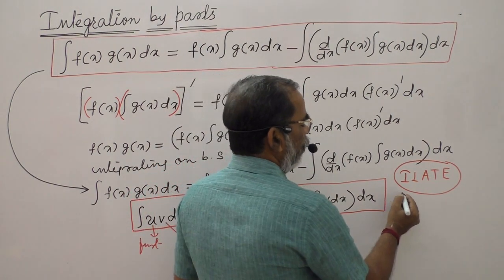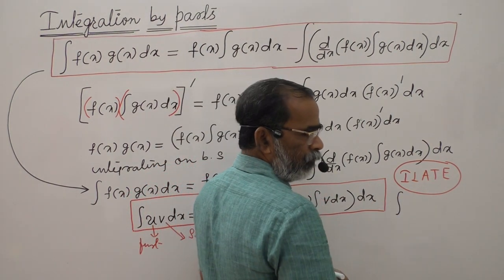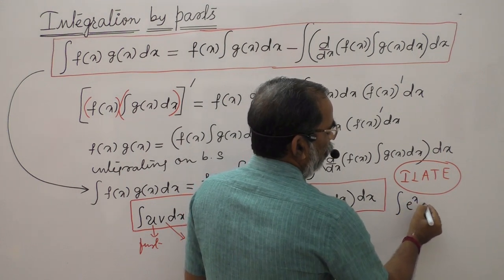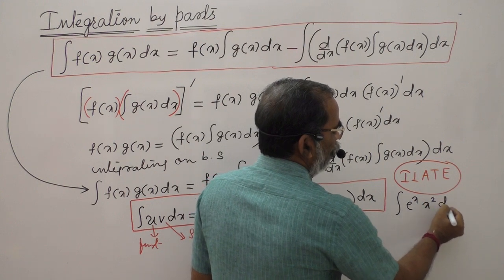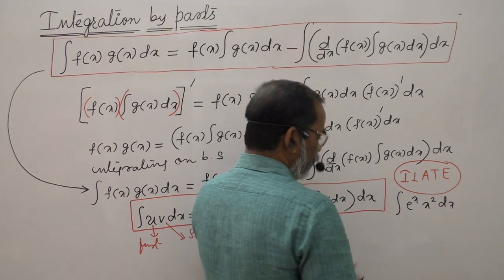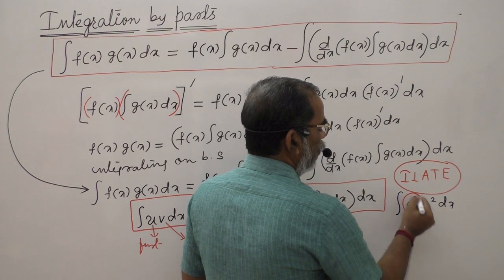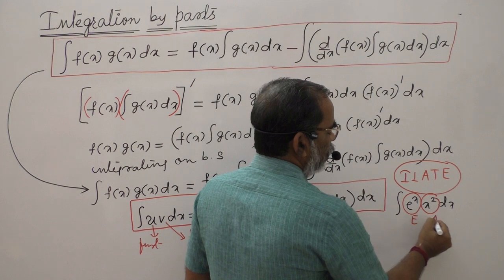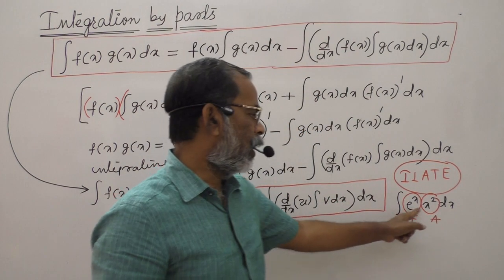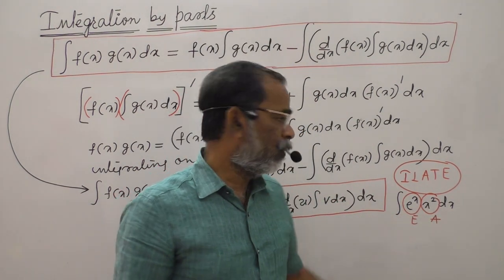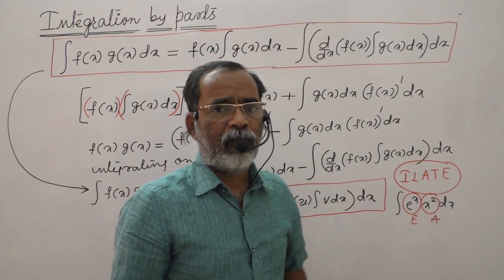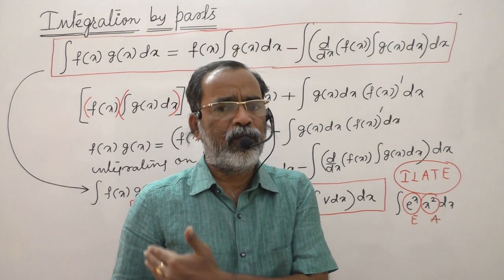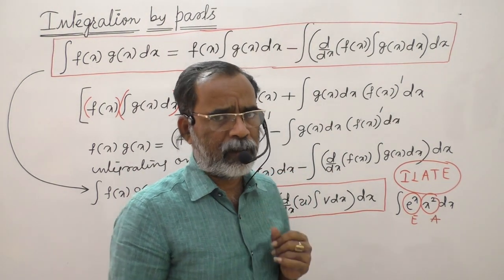For example, if you have a function like e power x into x square, what is e power x? It is an exponential function. And what about x square? It is an algebraic function. So it is a product of two functions, and for its integral you should apply integration by parts.